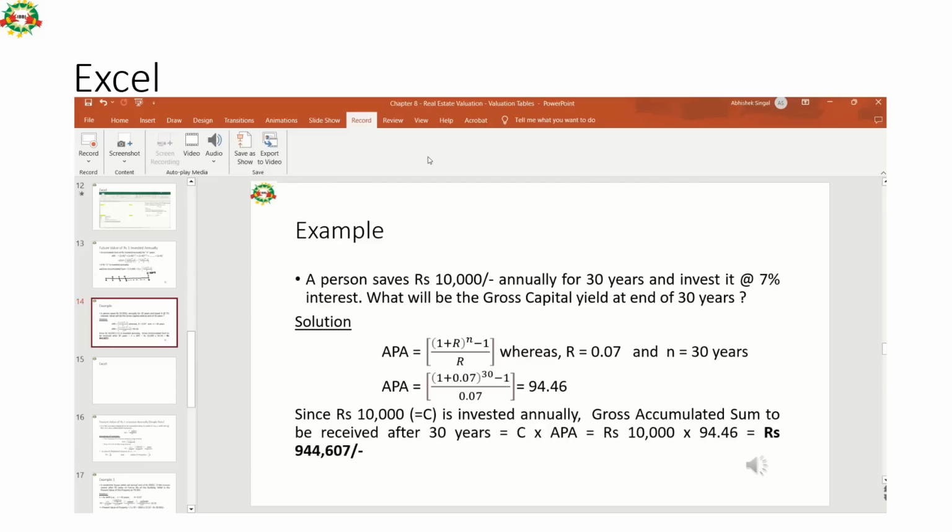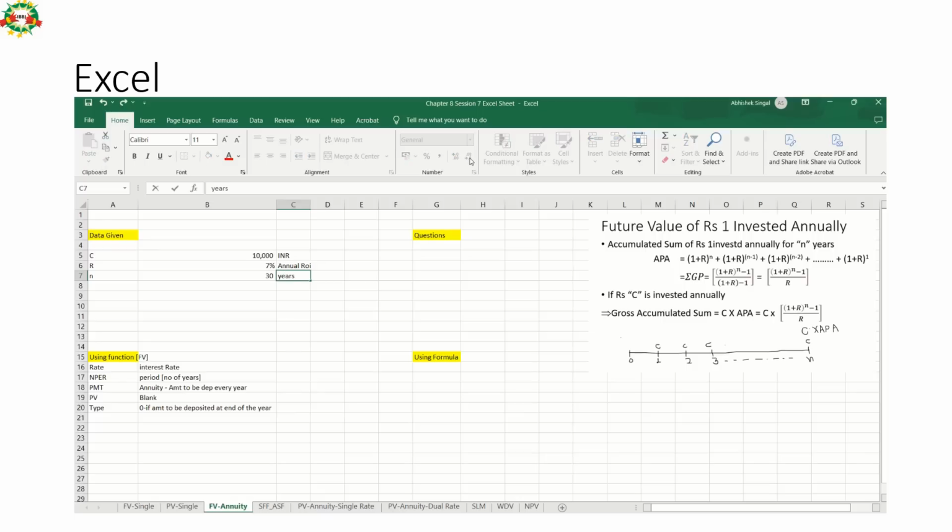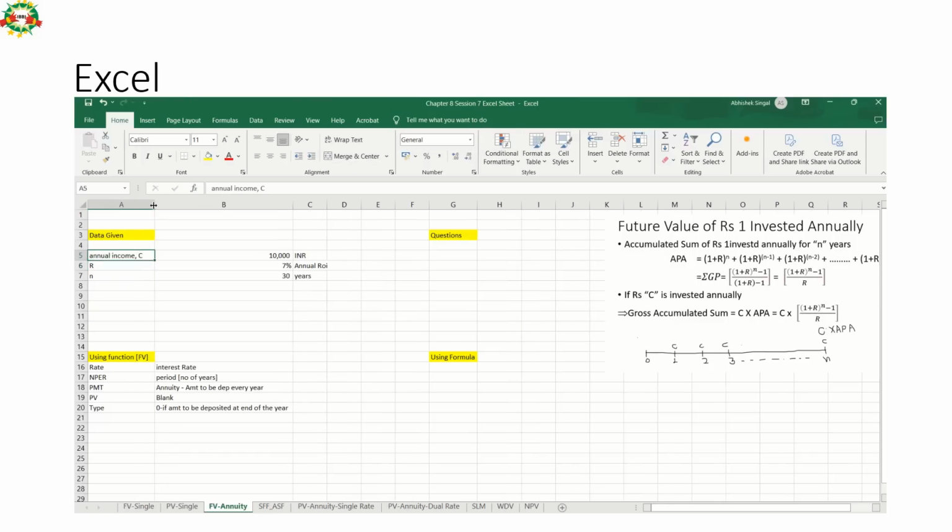And then the period, number of years, 30 years. Now what is the value to be taken out? I would say annual income, for better clarity.